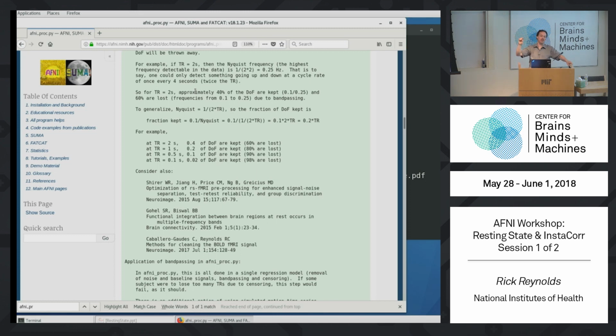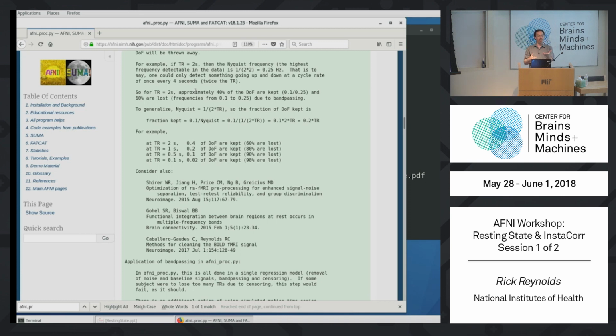That was one button press, it's done. Magic is done. My data is basically untouched. You are throwing away, even in this nice gentle case, 60% of your degrees of freedom. If you put this in a linear regression model and you have 200 time points, that's 120 regressors you've just added to your model.